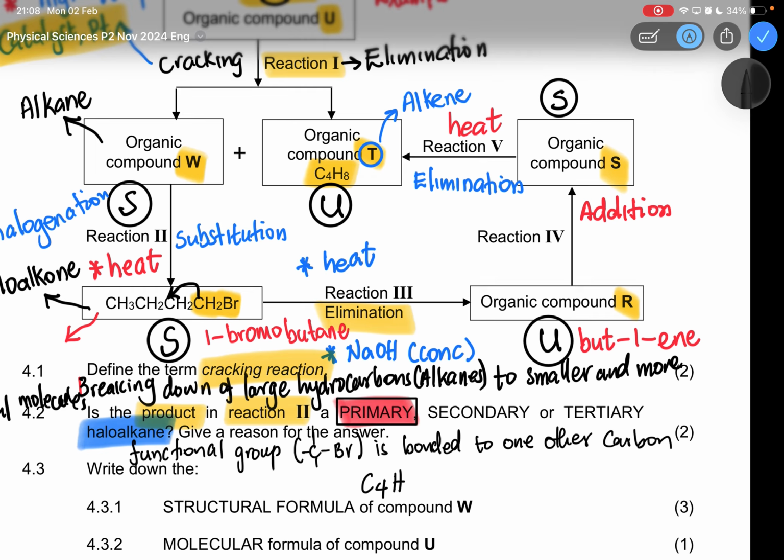Please engage. Just look at how the other compound is formed from W, then you can make that conclusion.